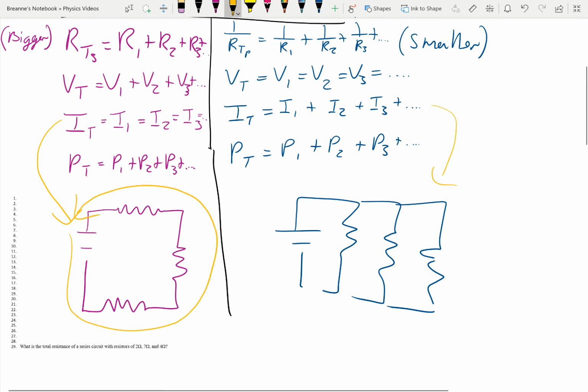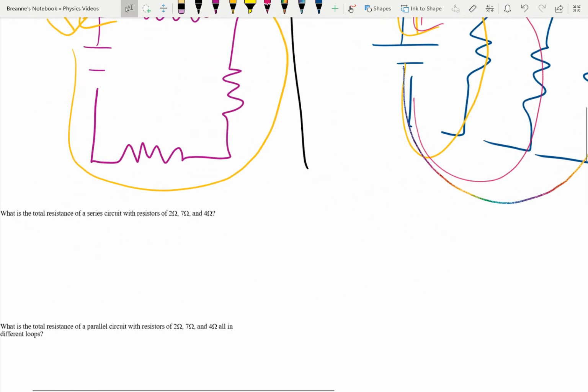Current is different in parallel because you have several pathways, several pathways you can take. So just a quick little thing to look at. Now, going into the questions.